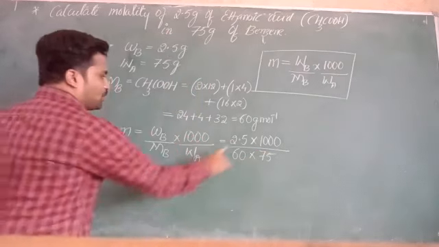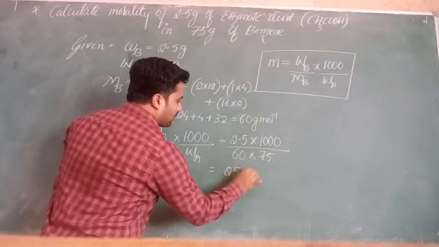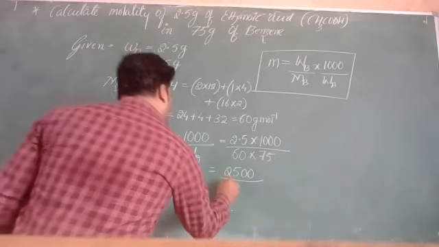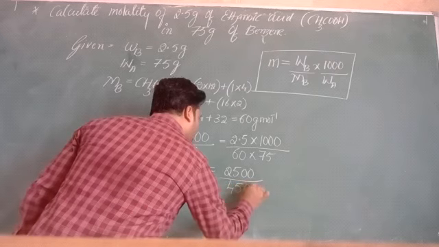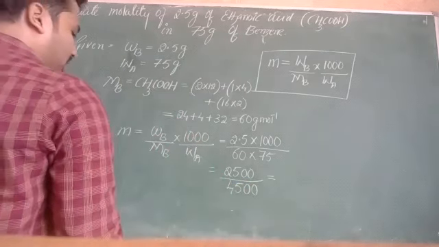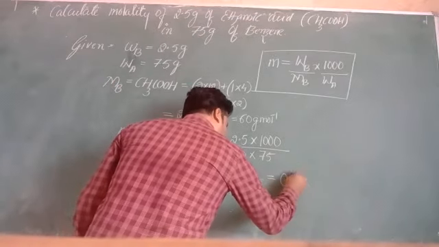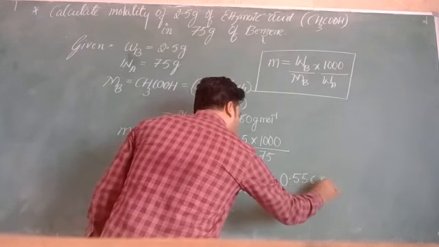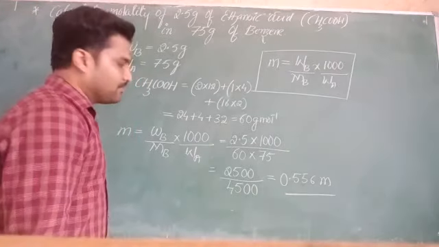So now 2.5 into 1000, that is 2500. Now 60 into 75, it is 4500. So now 2500 divided by 4500, it comes around 0.556 mole. Okay, so this is the solution.